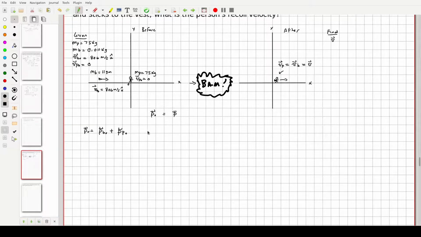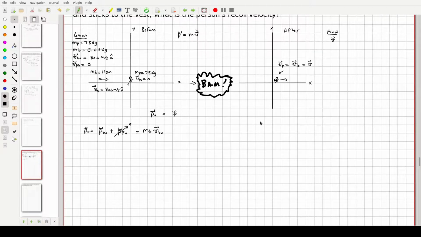But here's the thing: the person isn't moving initially. If you think of momentum being mass times velocity, no velocity means no momentum, which means the person's initial momentum is 0. So the initial momentum of the system is just the bullet's mass times the bullet's initial velocity.